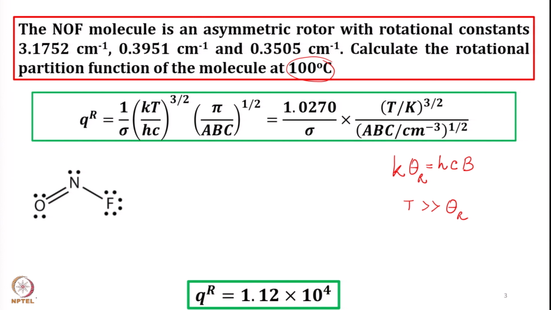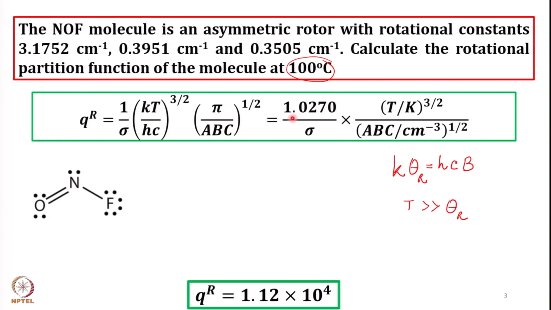k is Boltzmann constant, T is temperature, h is Planck's constant, c is the speed of light. A, B, C, all these three values are given to you. Another alternate form, which is a simplified form, comprising of k, h, c, because these all are constants. So, you combine all these k, h, c, also include pi into all these constants multiplied.